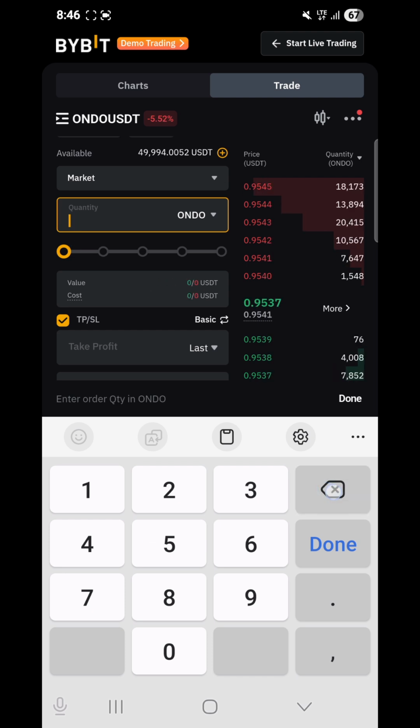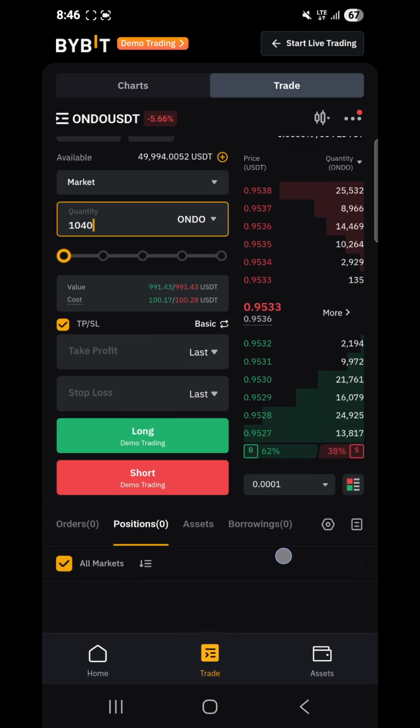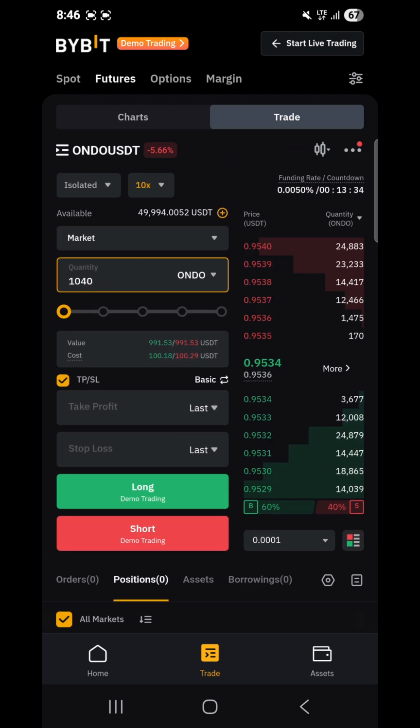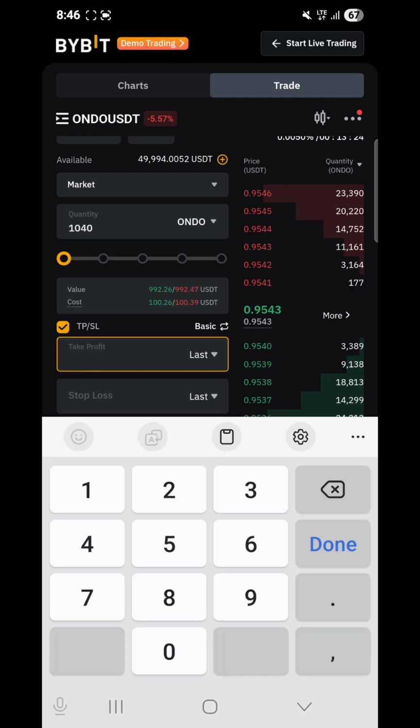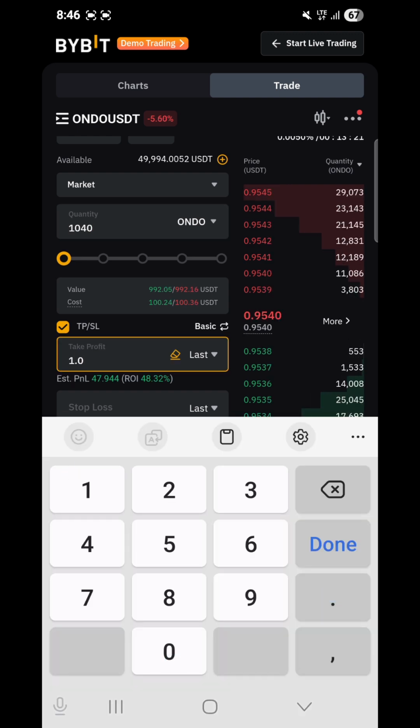So let me go ahead and put 1,000, because I want to risk just $100 for this trade. 150, okay, 130, 140, exactly 1,040. So watch this cost very well. The cost is still showing $100 at the spot. So now our take profit is 1.0361, right?